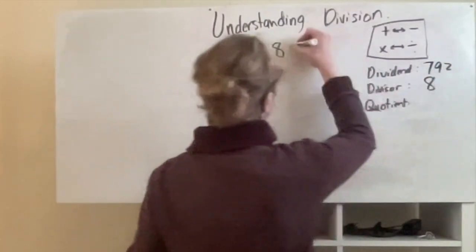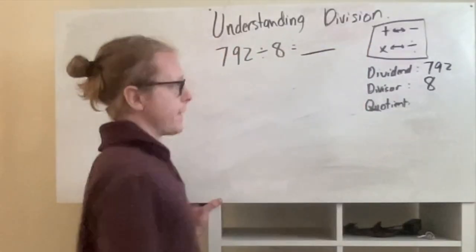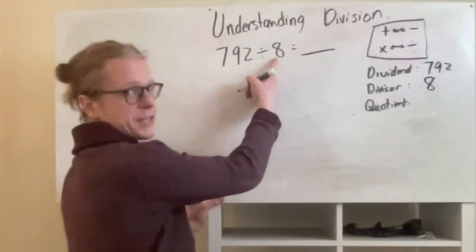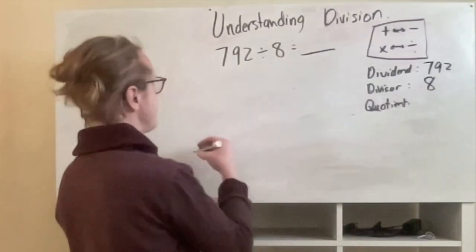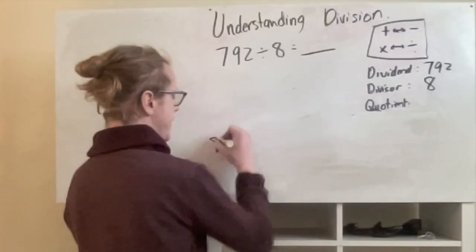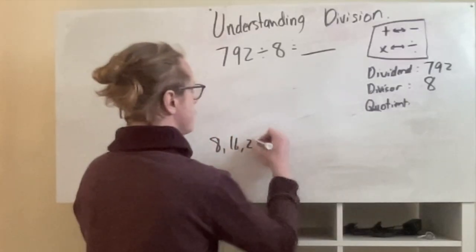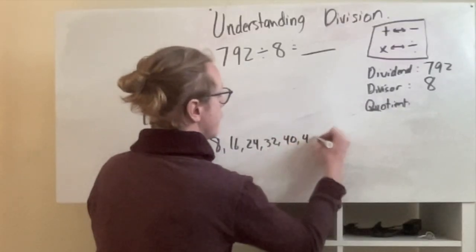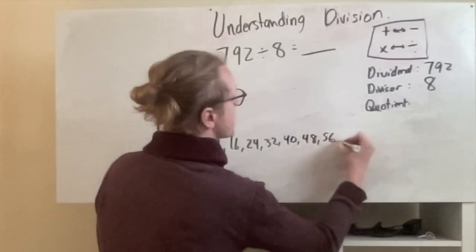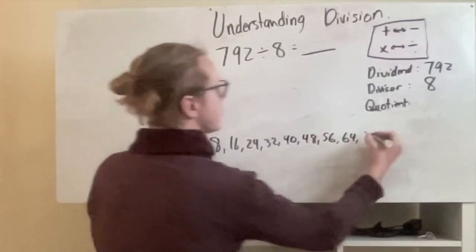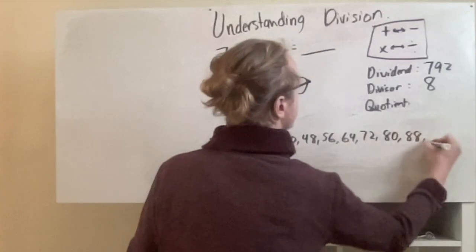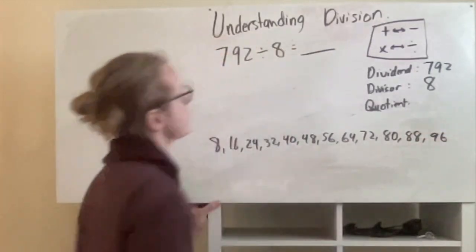Our quotient we will find when we get our answer, okay? Since our divisor is 8, I should be thinking about my 8 times tables. Okay, I will list them out here. 8, 16, 24, 32, 40, 48, 56, 64, 72, 80, 88, and 96.